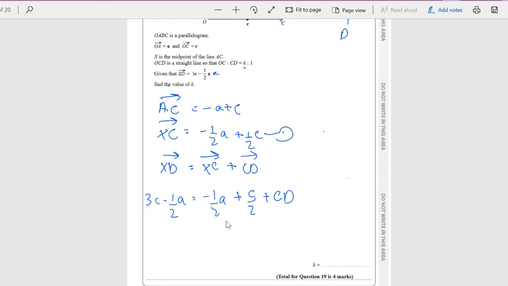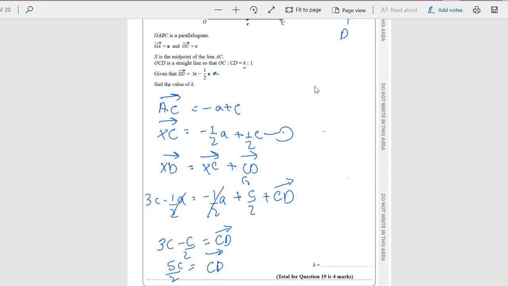So all we need to do is some rearranging. So we have the cancelling of minus a halves, and then we take that to the other side, so that becomes a negative. So we've got 3c minus c over 2 equals CD, which is 5c over 2 equals, I should put that as a vector, CD.